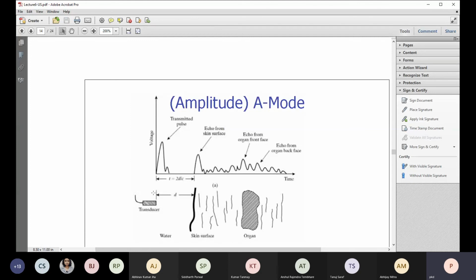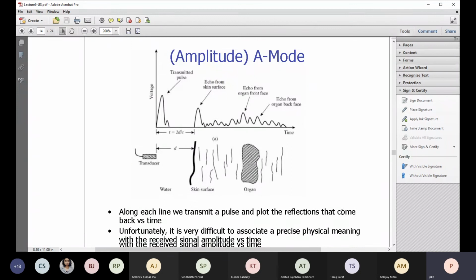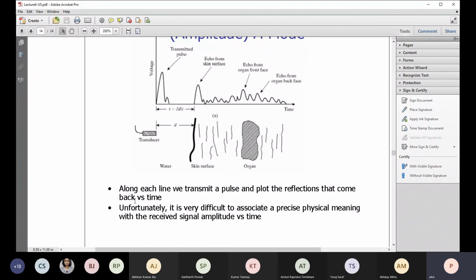Now the transducer position we can shift laterally, in the transverse manner, to get another amplitude profile like this. Along each line we transmit a pulse and plot the reflections that come back versus time.